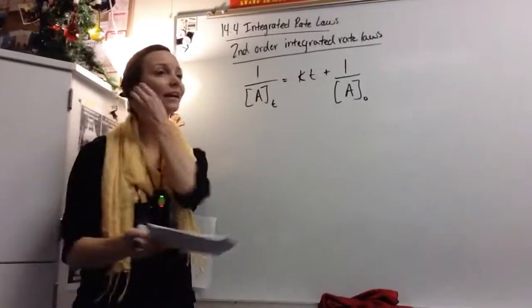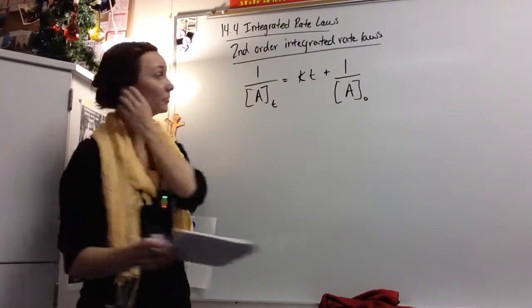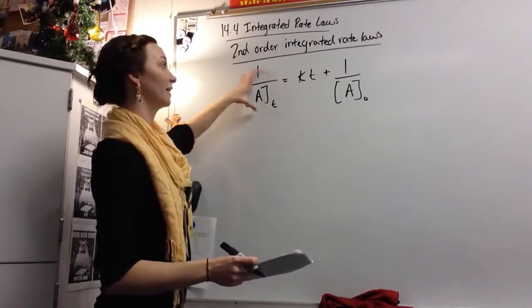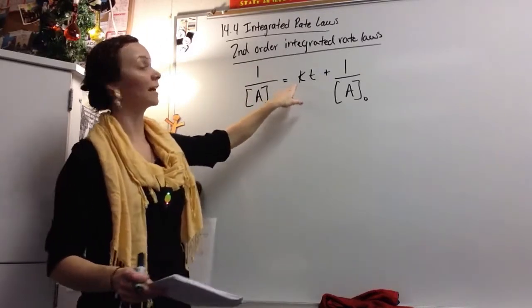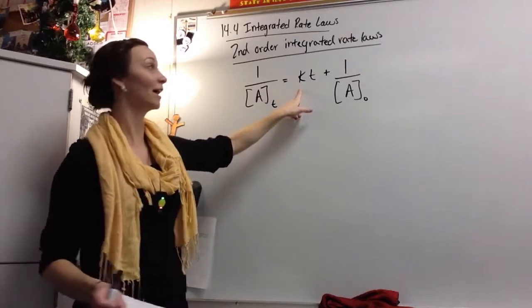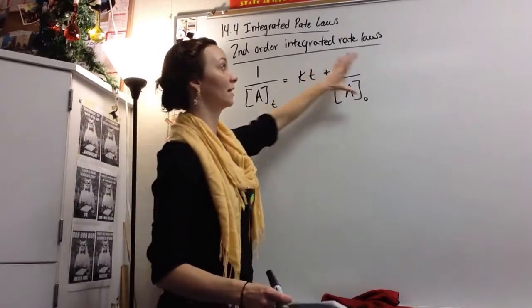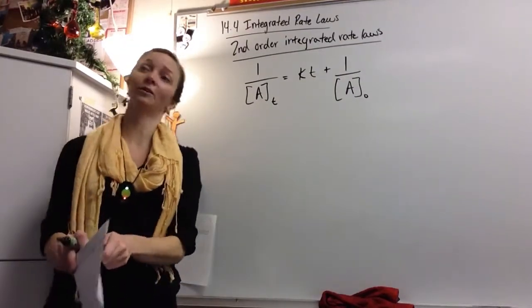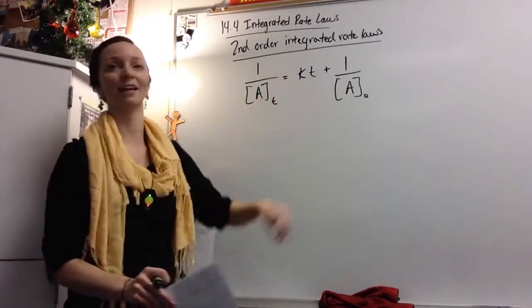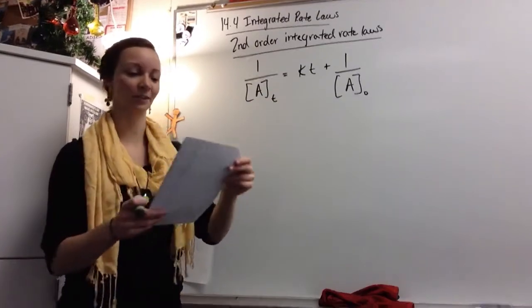It looks a lot like our previous problem for the first order. That was the ln of the concentration, and now it's just 1 over the concentration. The previous one had a negative k, and this one is just positive k. And the previous one was ln of the initial concentration, and now it's just 1 over. So really just substitute the ln's for 1 overs, and then make the k positive. Very similar.